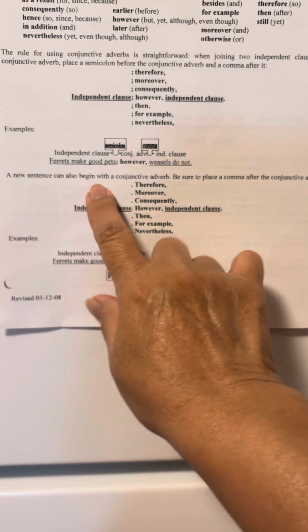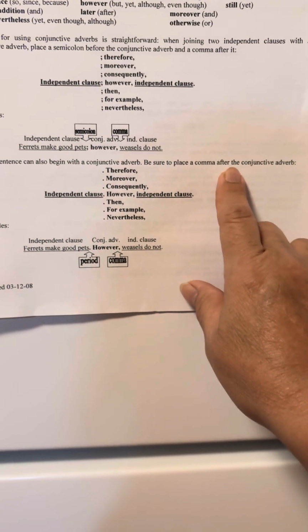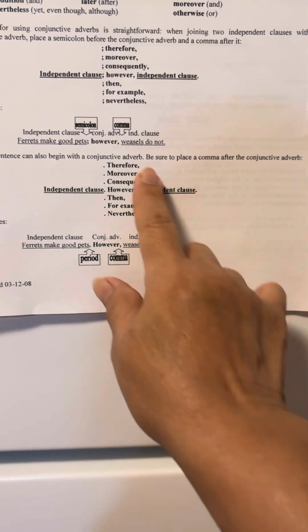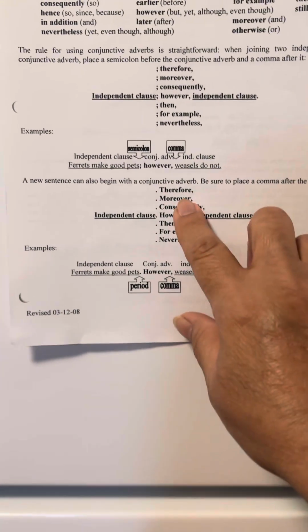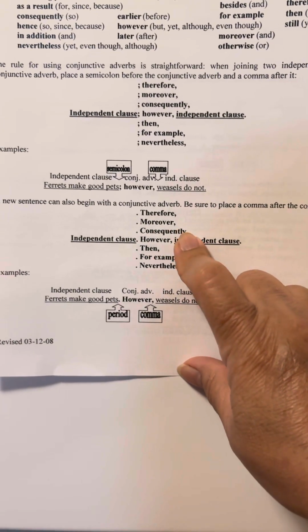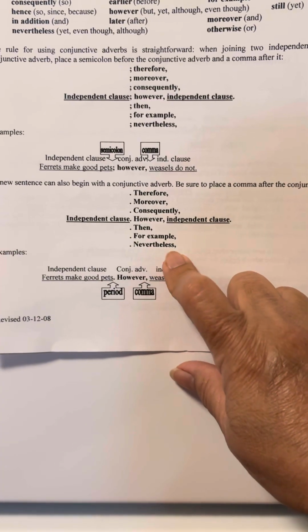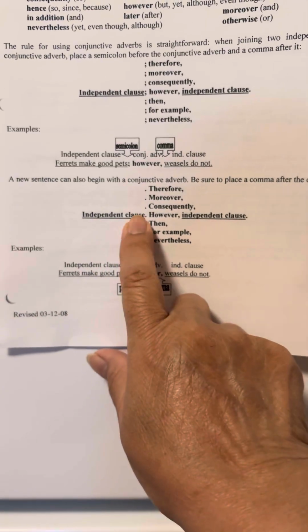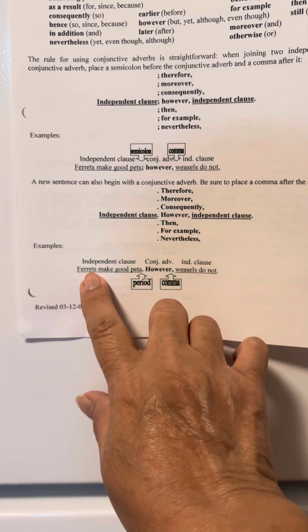A new sentence can also begin with a conjunctive adverb. Be sure to place a comma after the conjunctive adverb. So here they would behave like a transition word, like first, then. So here we have therefore, comma, moreover, comma, consequently, however, then, for example, nevertheless. You have an independent clause here, independent clause here. Here's an example.